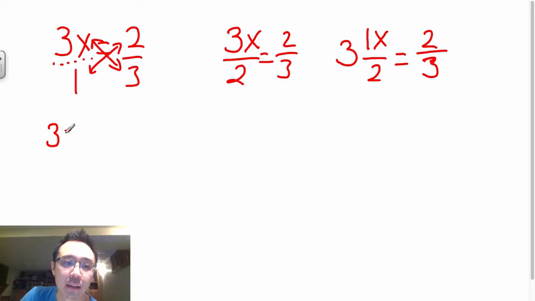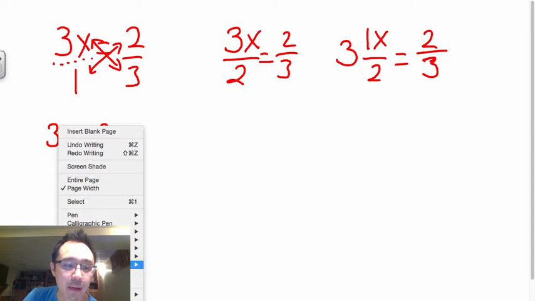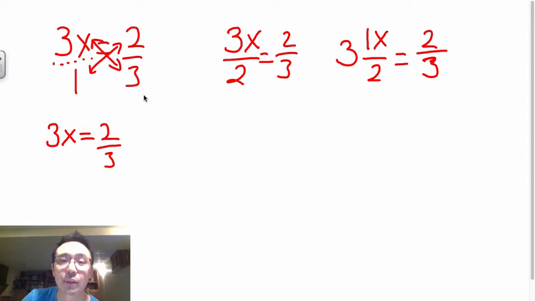So I'm just going to rewrite this right here. 3x is equal to 2 over 3. And remember that what you do to one side, you have to do to the other side. So in order to get rid of this denominator, that's 3 in the bottom, I can do whatever I want in an equation as long as I do it to the other side, right? So in order to get rid of this, how can I multiply this by a number to get to 1?